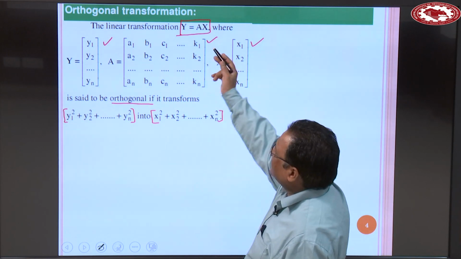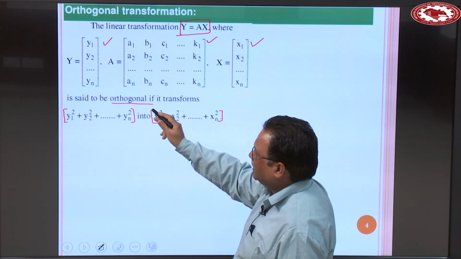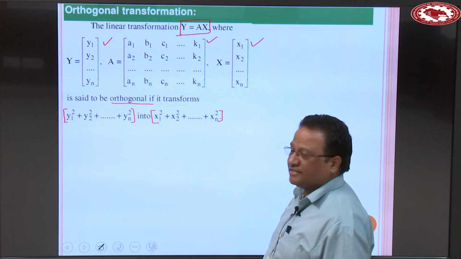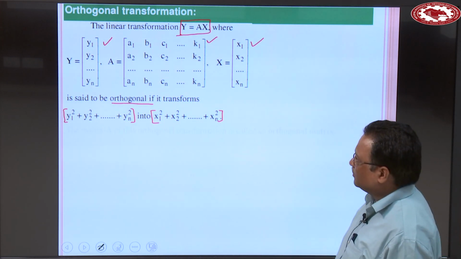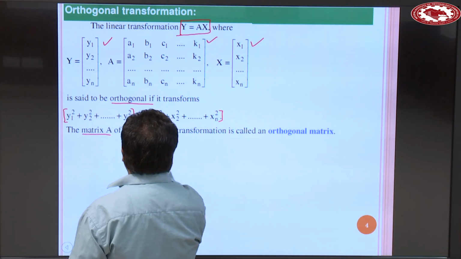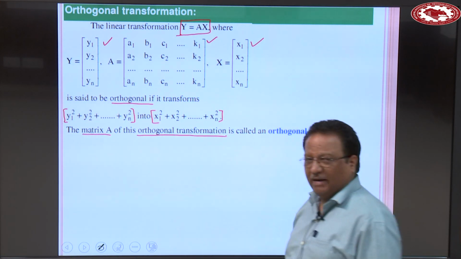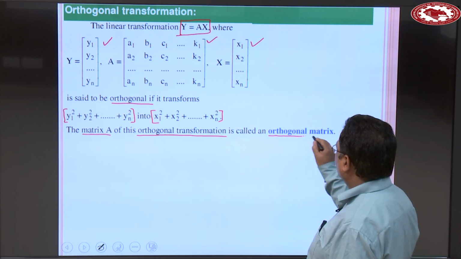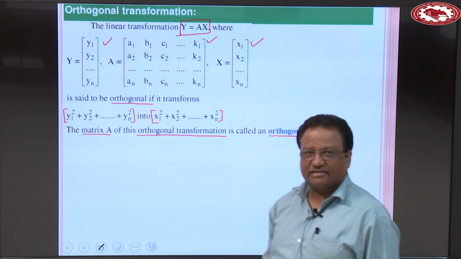So, this linear transformation is said to be orthogonal if it transforms this into this. This one is the orthogonal transformation, and the matrix A of this orthogonal transformation is called an orthogonal matrix.